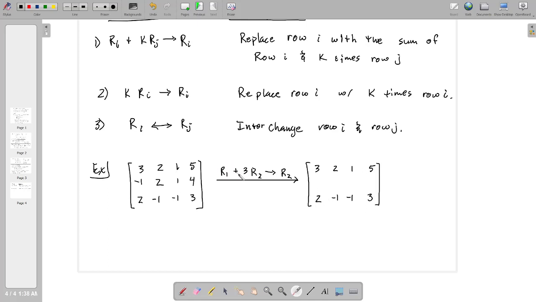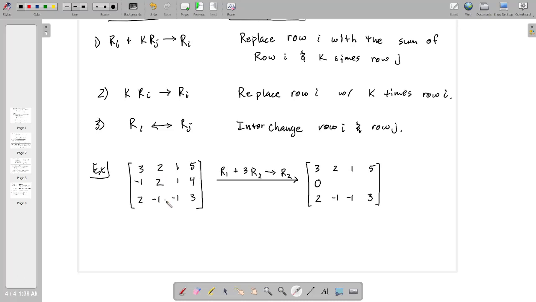Now I'm taking row 1 plus 3 row 2. So I take my first entry in row 1, and I add it to 3 times the first entry in the second row. So 3 plus 3 times -1. Now 3 times -1 is -3, so we would have 3 plus -3, which is 0. 2 plus 3 times 2. Again, row 1 plus 3 times row 2. So the second entry in row 1 plus 3 times the second entry in row 2.